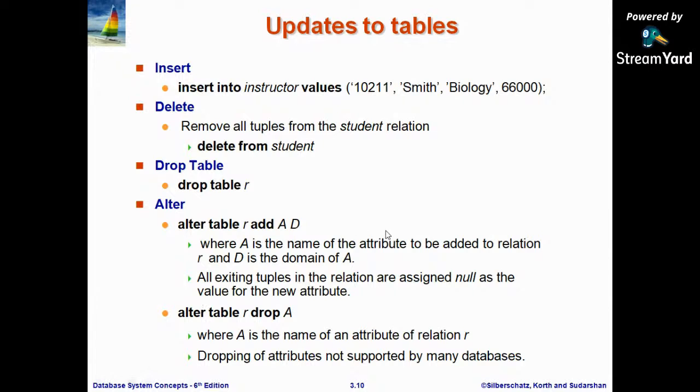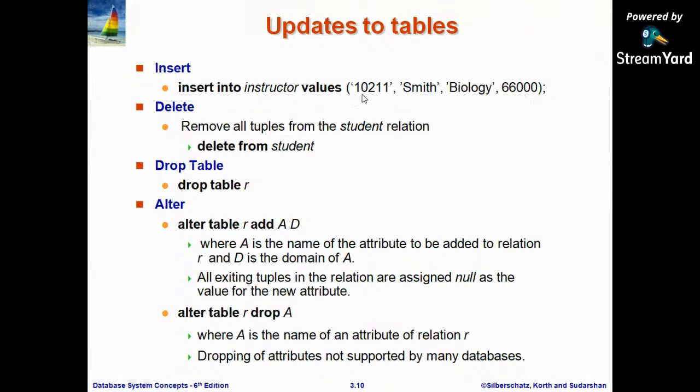We are studying the data definition language. All of these commands are part of data definition language. Create table is a data definition language. Now you can insert a few of the values. You can insert the values by using the command insert into table name, insert into instructor, values. Then you have to use the braces.